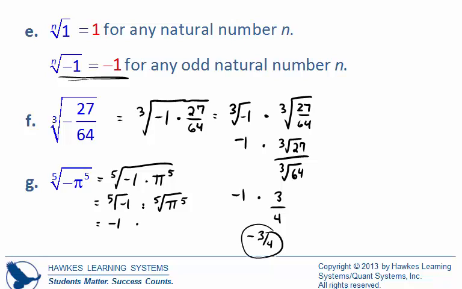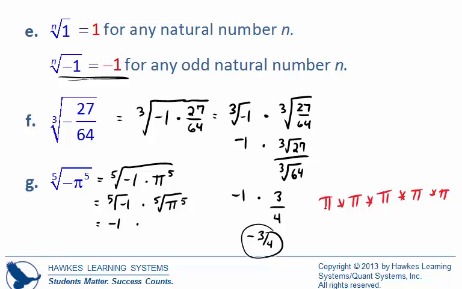And what about the 5th root of pi to the 5th? So I need a number that when I multiply it by itself 5 times, I get pi to the 5th. And if you think about that, we would have pi times pi times pi times pi times pi.